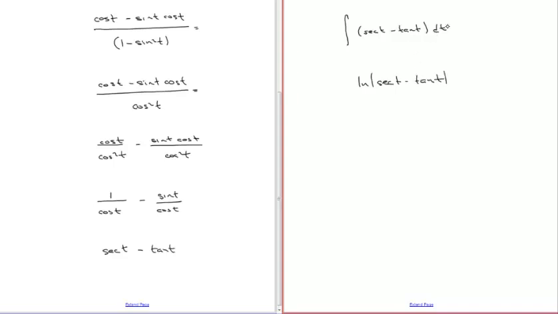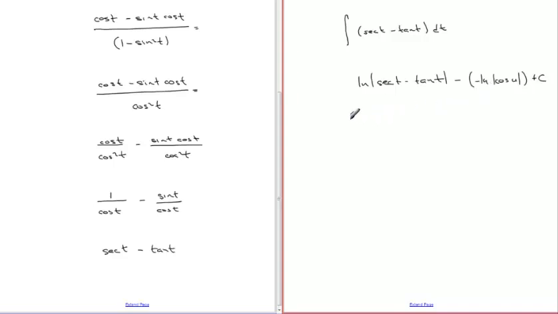And the integral of the tangent is negative the natural log of the absolute value of the cosine, and then we'd have C. So that looks pretty complicated, but we can use the properties of logarithms.